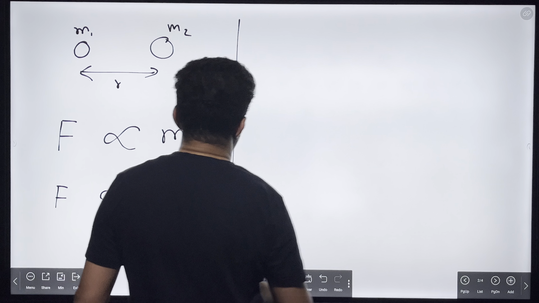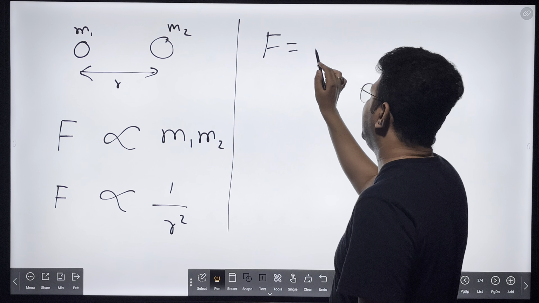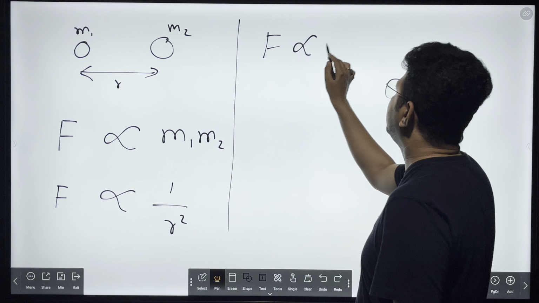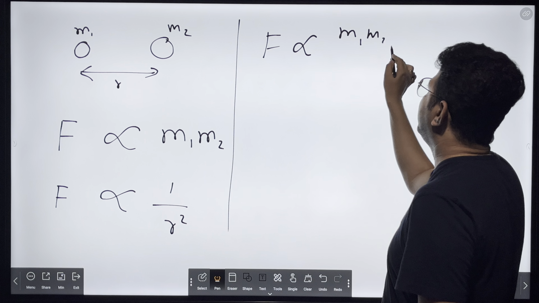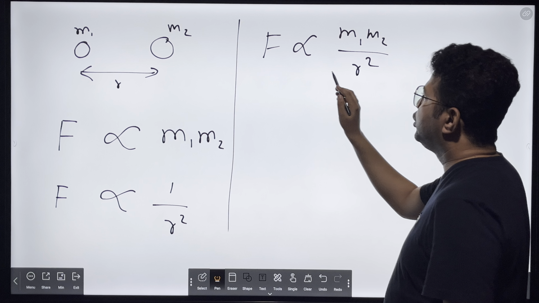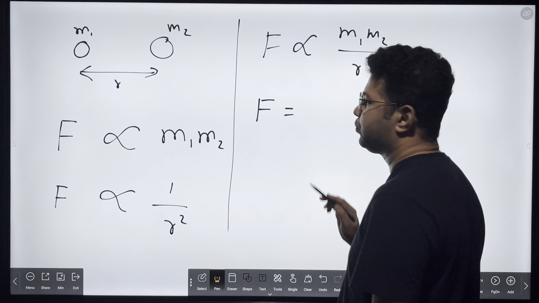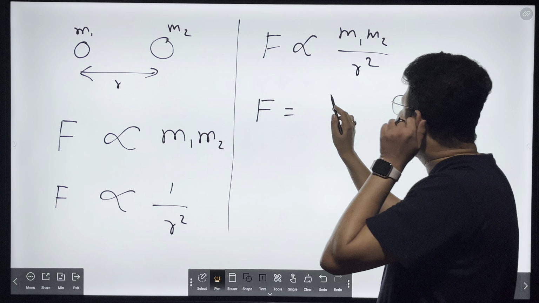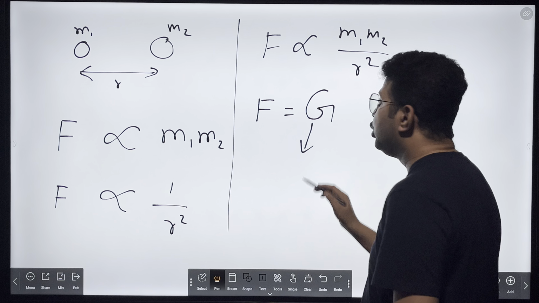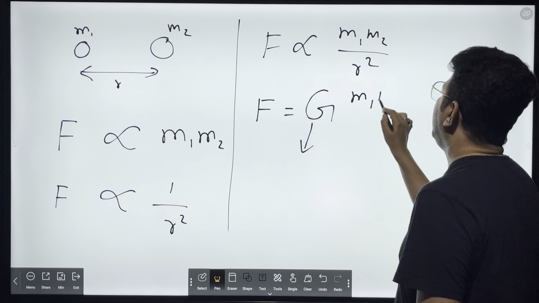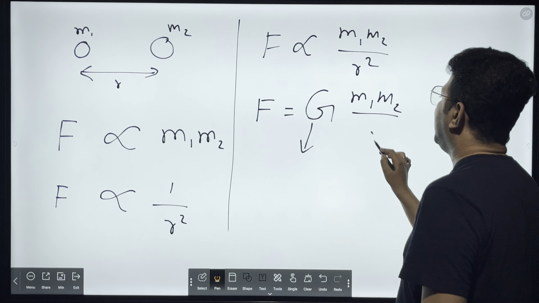So we can write F is proportional to m1 m2 divided by r square, or there is a proportionality constant G. F is equal to G into m1 m2 divided by r square.